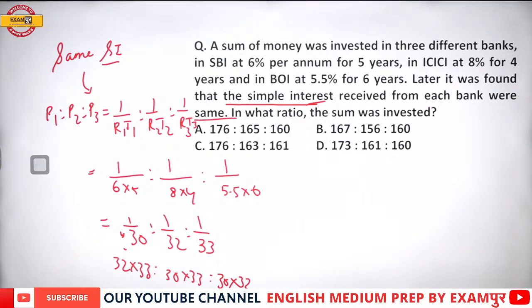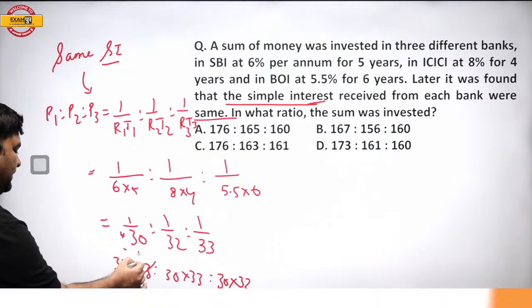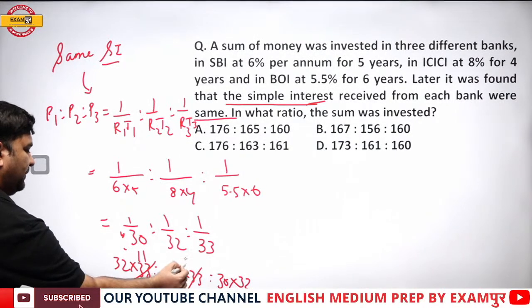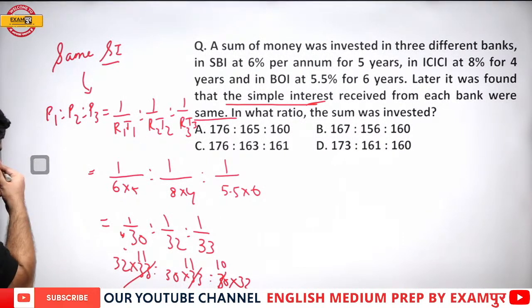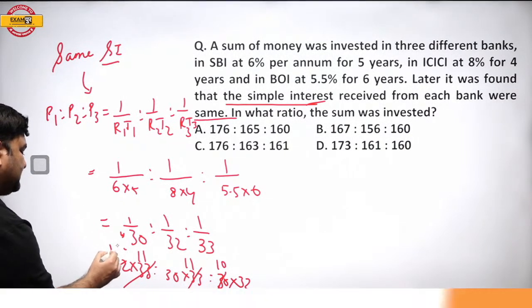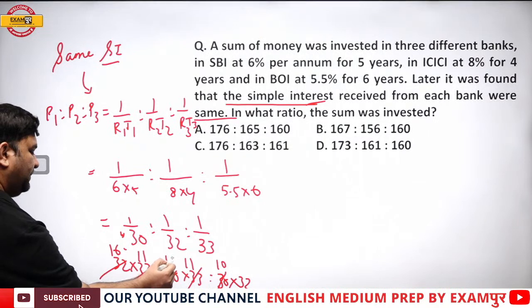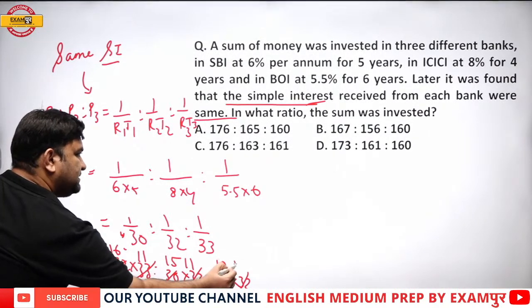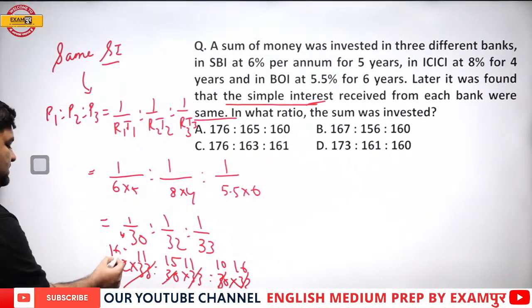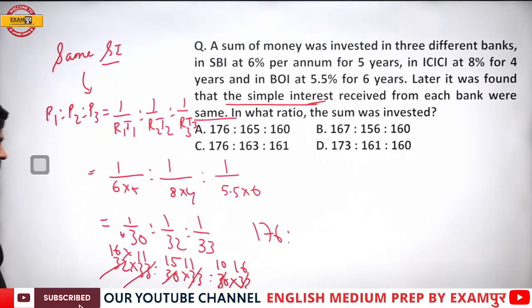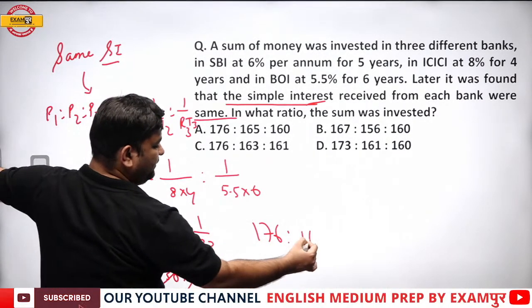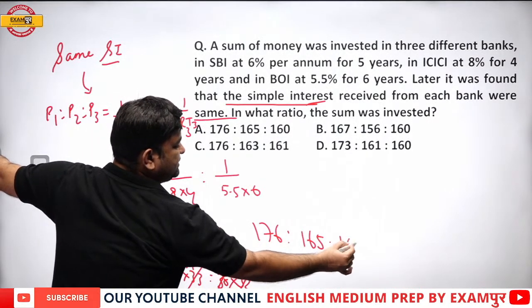So, first simplify by 3, it's becoming 11. It's becoming 10. Now simplify by 2, it's becoming 16. It's becoming 15. And it's becoming 16. 16 into 11, 176. 15 into 11, 165. 160.